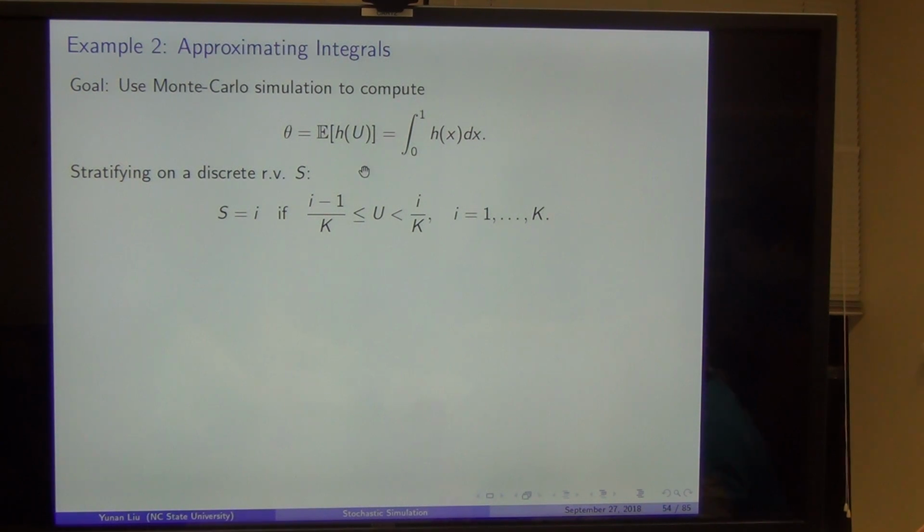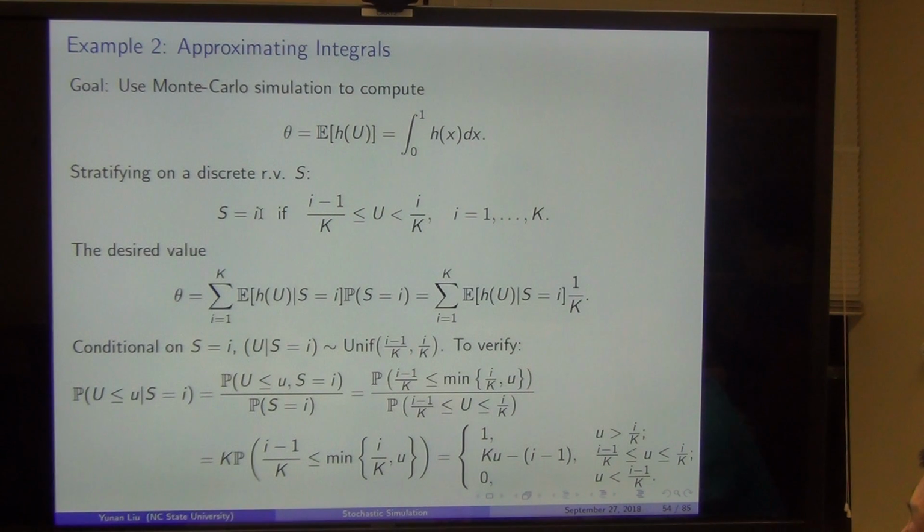So right now, let's stratify on a discrete random variable S. Let's just say S equals i if U falls into the ith successive interval. We're creating some auxiliary discrete random variable S. So we apply the conditional expectation formula.